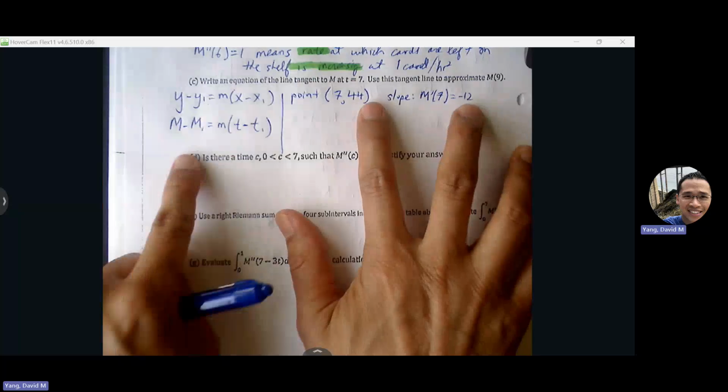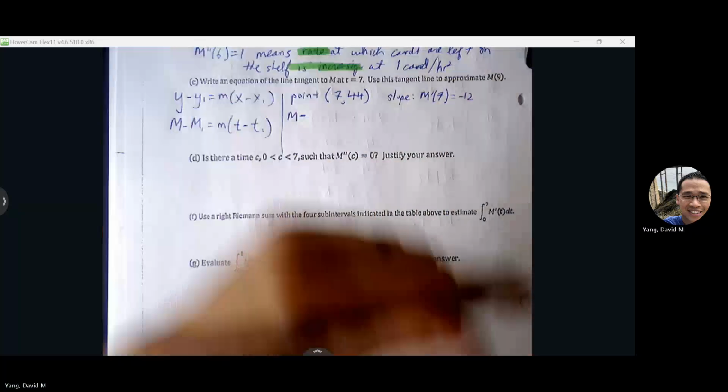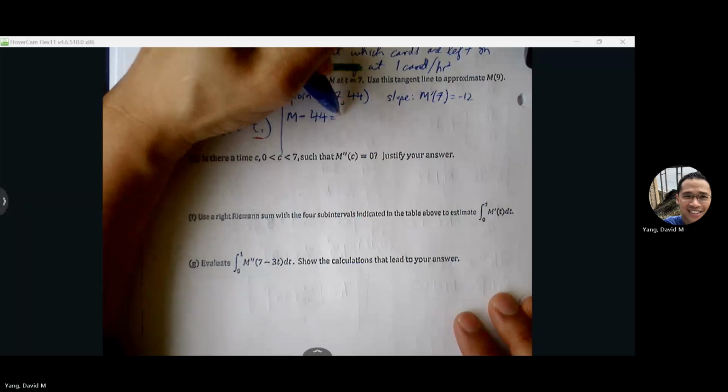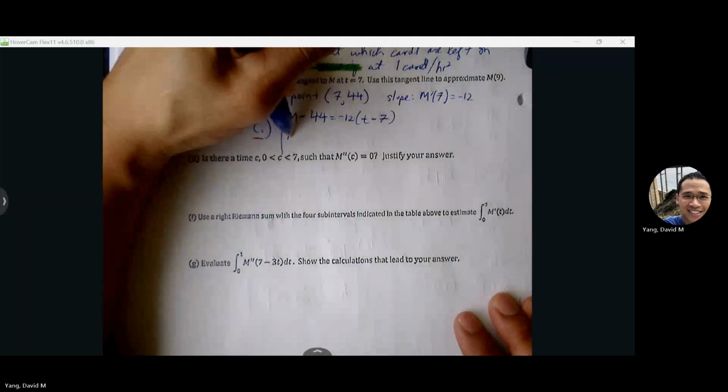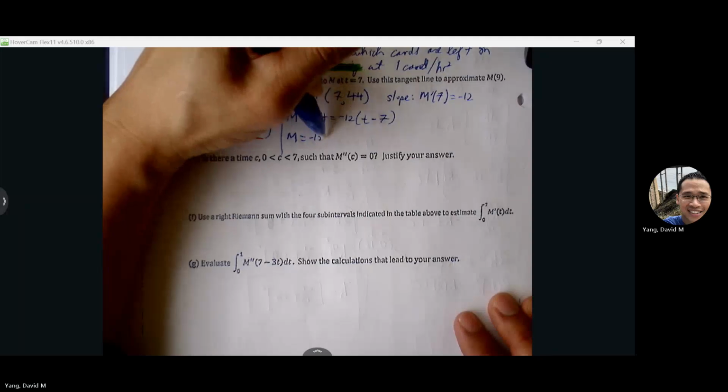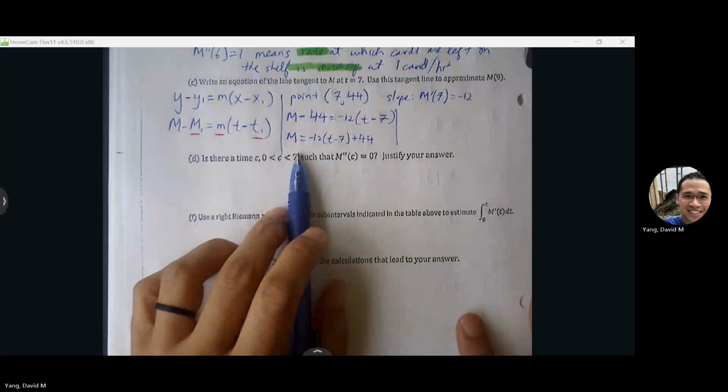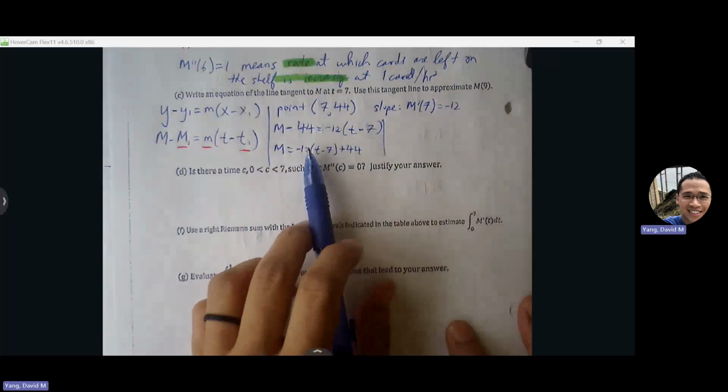And now I'll just put it into our point-slope form. And now for the linear approximation, we just plug 9 in for t.